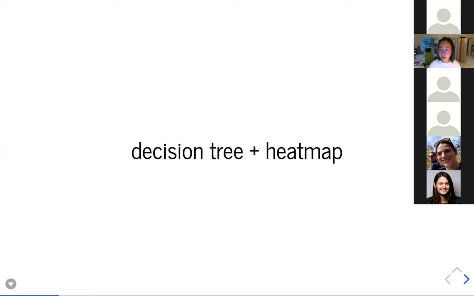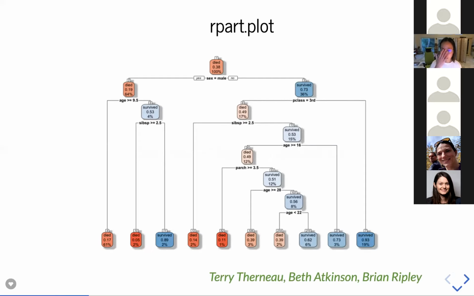Before we move on, I'd like to walk you through a little bit how R is drawing decision trees. The first is rpart.plot. You've probably seen this a lot. In each node here, you would see how many samples there are; right now at the root node, that's 100%. You also have a condition. If you satisfy the condition, you go to the left. If you don't, you go to the right.